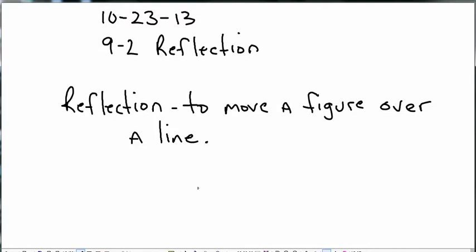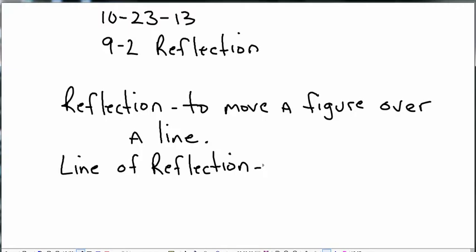To move a figure over a line, then you've got what's called a line of reflection. That's the line the figure is reflected over.